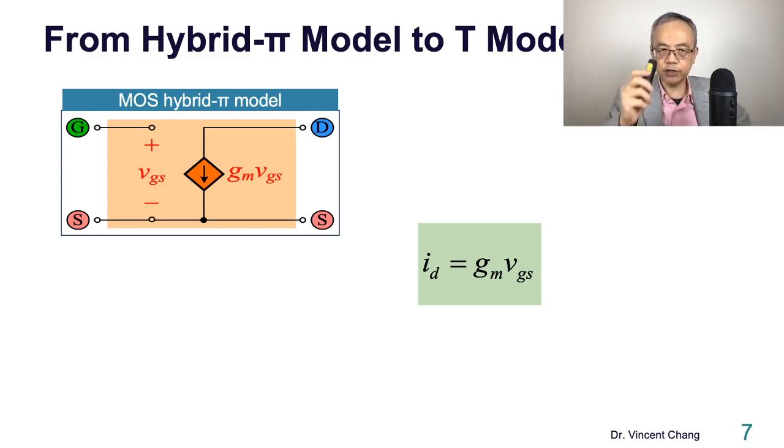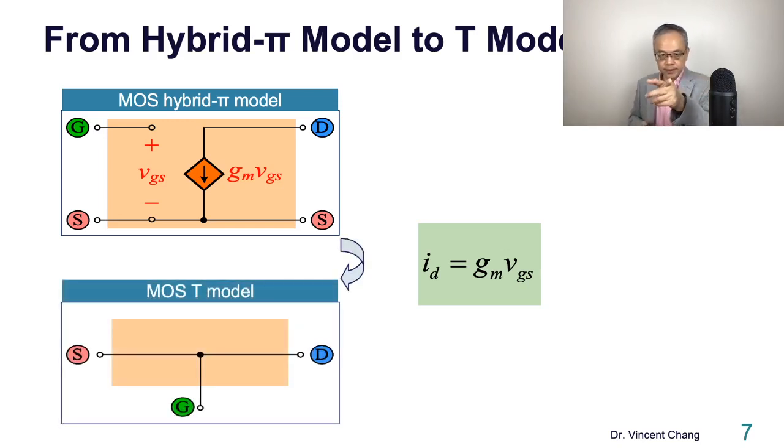So now I'm taking you from the hybrid pi model into another model called the T model. Watch carefully. It looks like a T. On the top is the pi shape, on the bottom is the T shape.